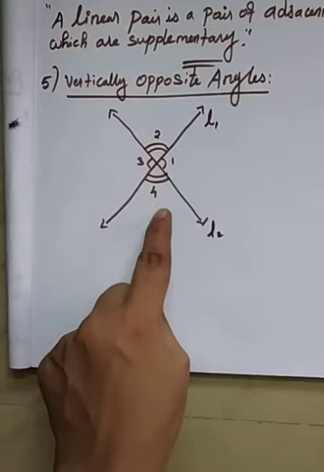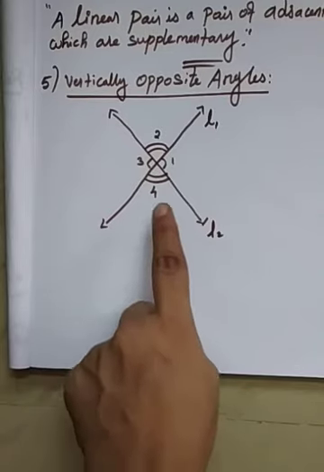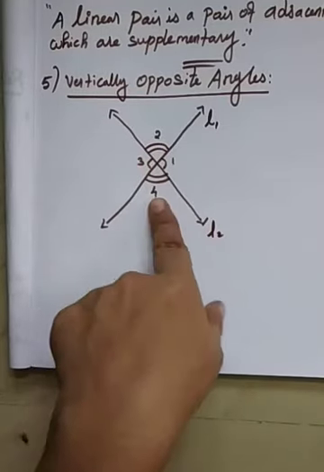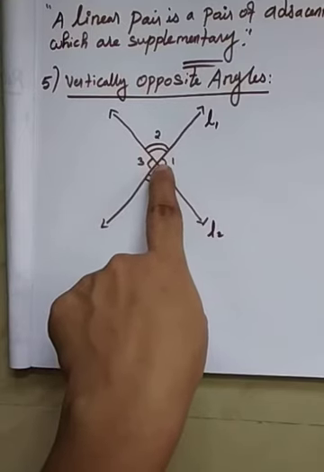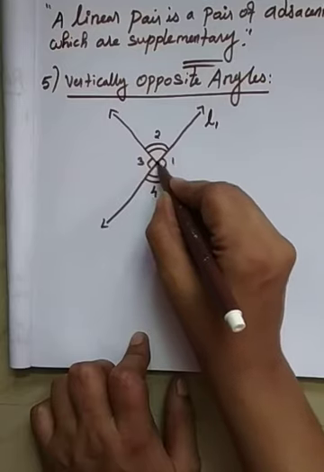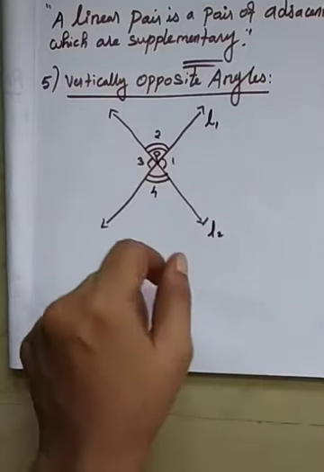You can see that four angles are formed at the common point. 1, 2, 3, 4 angles are formed at a common point. That common point, let us take P.